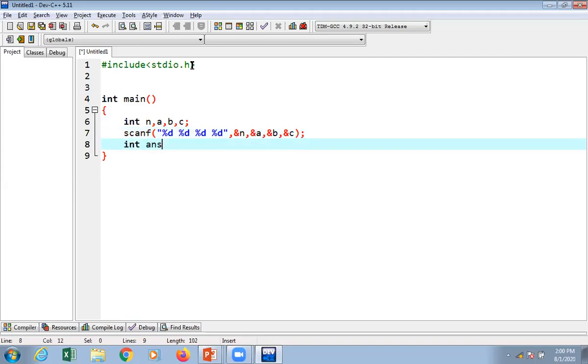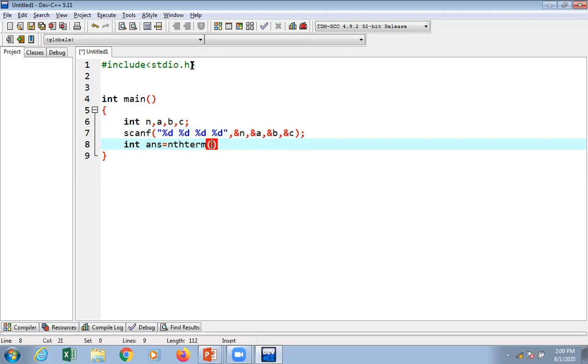Int, we have to find the answer, and we have to make a function in which we'll be getting the answer. Suppose we make the function like nth term. Okay.